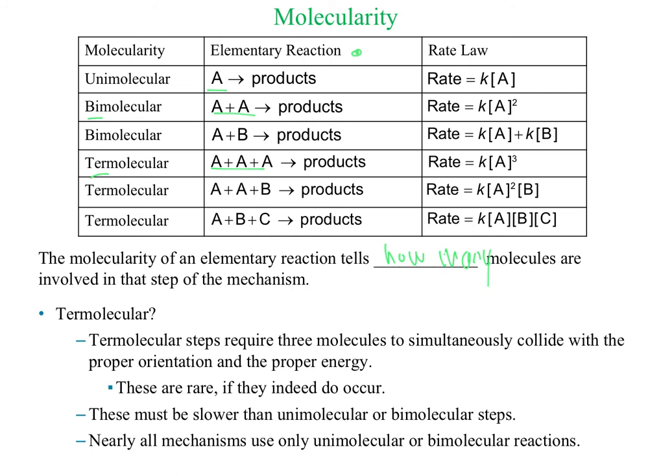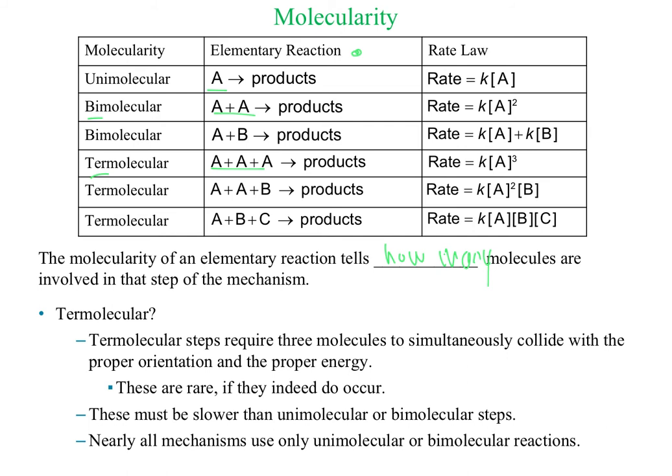With one molecule, that could be like a molecule breaking apart. That seems reasonable. Bimolecular means 2 molecules have to come together in exactly the right orientation with enough energy for the reaction to happen. And that also seems reasonable.